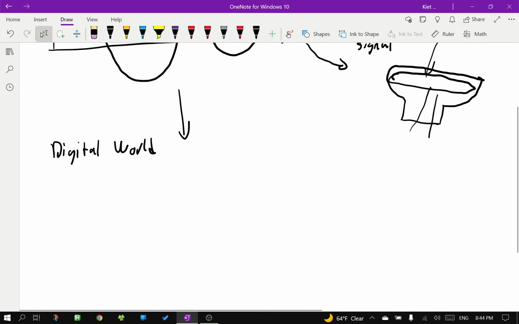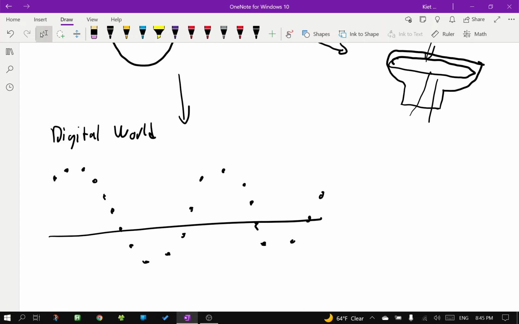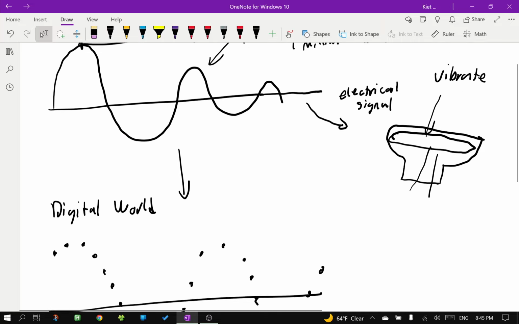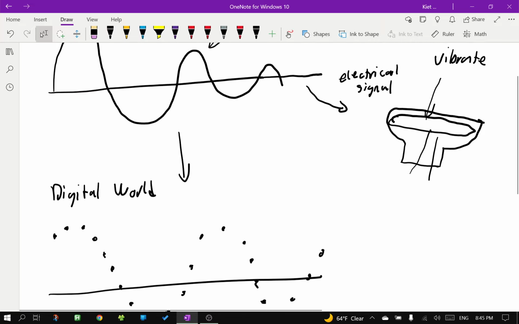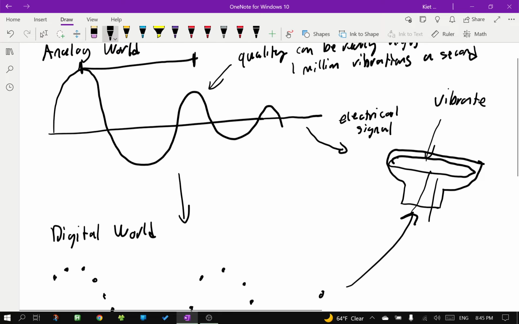So usually, instead of having a pure wave like this, we implement it using points. So it would be something like this, as points. These points are interpreted as electrical signals and then sent into our speakers, which causes the vibration.